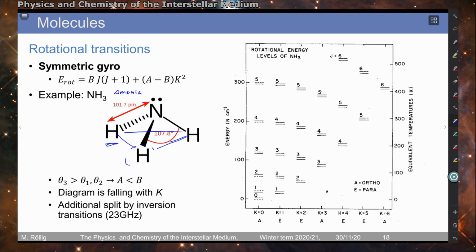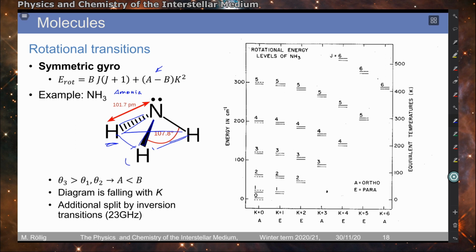So this is indicated here by these symbols. And for this particular case, theta 3 is larger than theta 1 and 2. As a consequence, A is smaller than B.